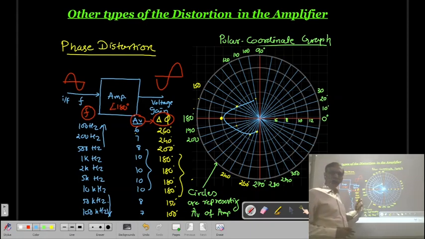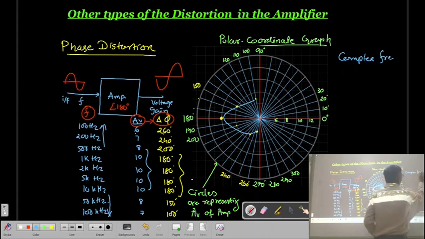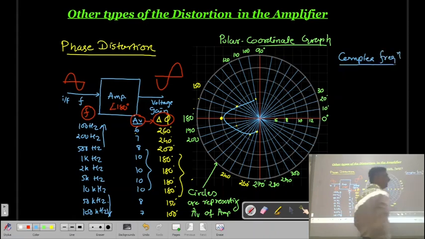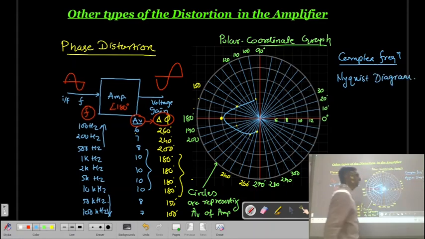So actually we have plotted this graph for a single frequency f. But for the complex frequency, if we draw the same type of graph, then it is known as the Nyquist diagram.